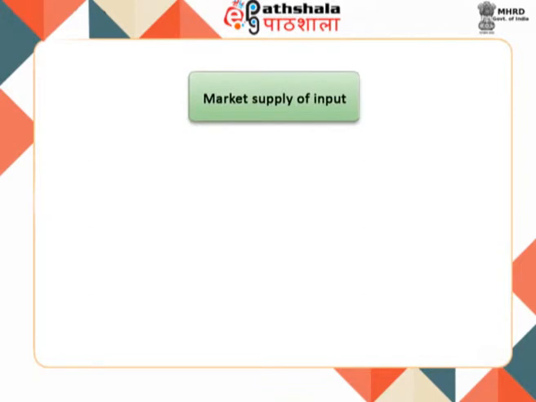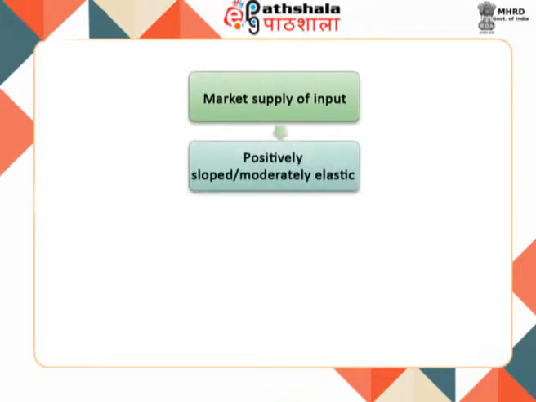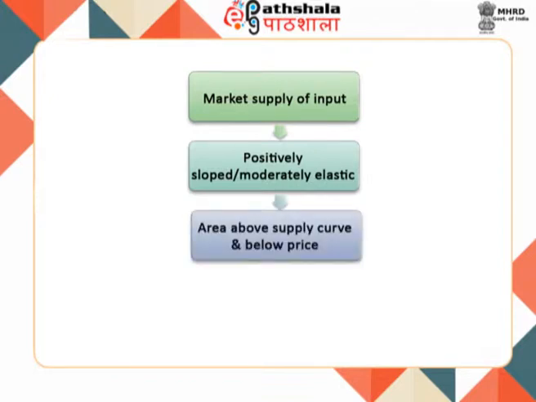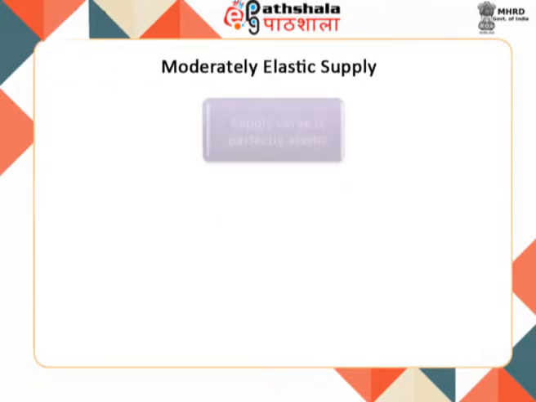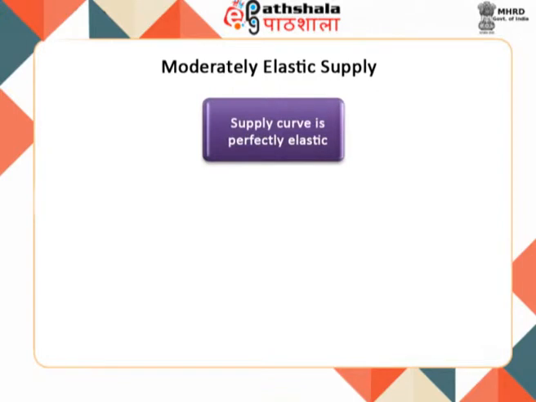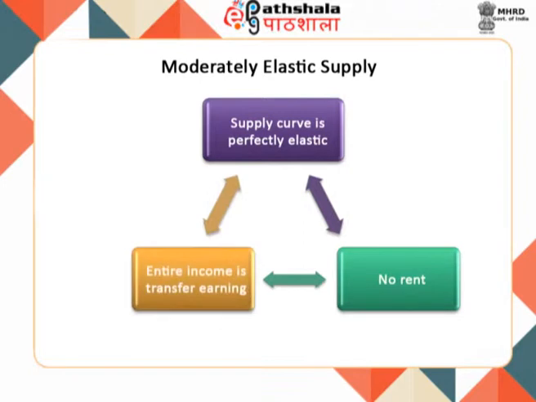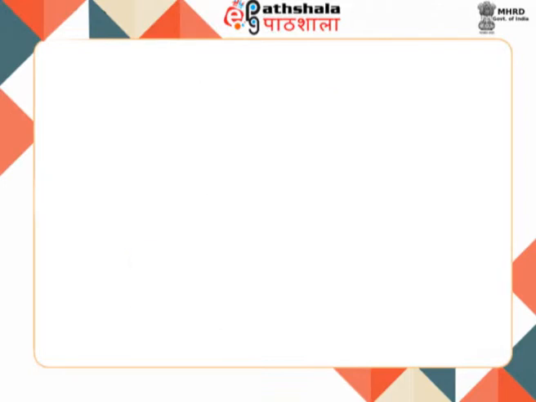If the market supply of an input is positively sloped or moderately elastic, the area above the supply curve and below the price of input shows the rent. When the supply curve is perfectly elastic, there will be no rent, the entire income will be transfer earning.